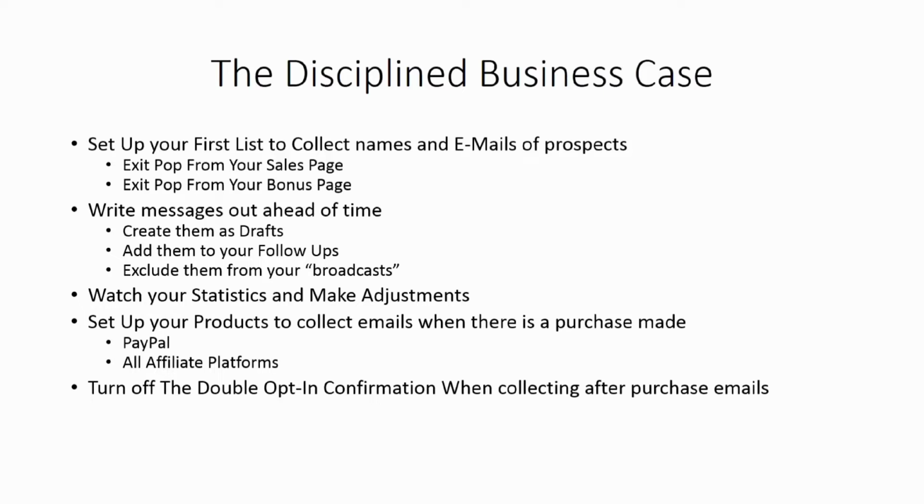Please do not think that you're being sneaky by doing that. People are not going to confirm if you try to confirm their email at that point. You are being ethical by collecting names and email addresses.